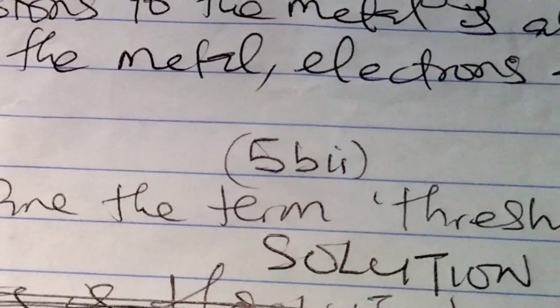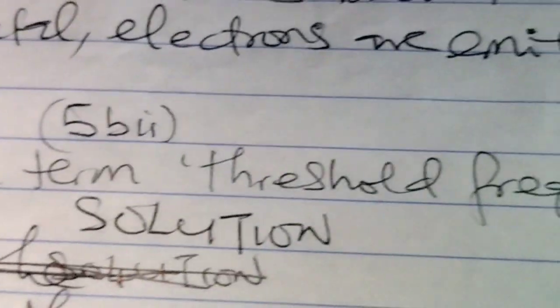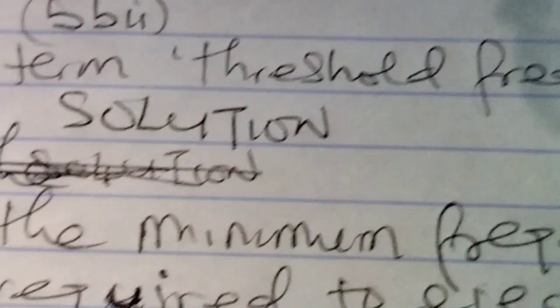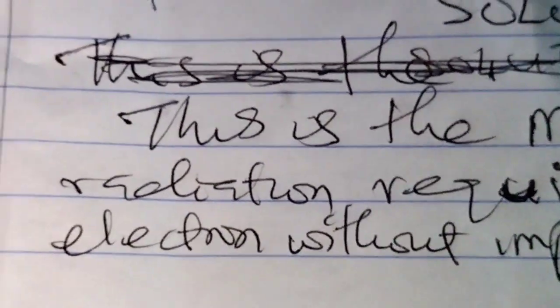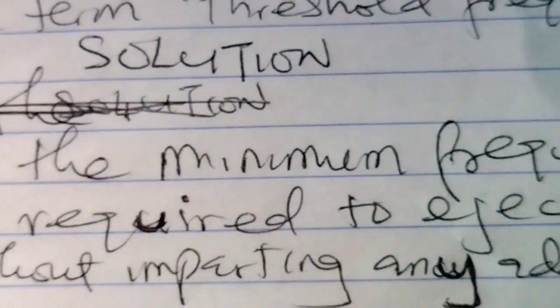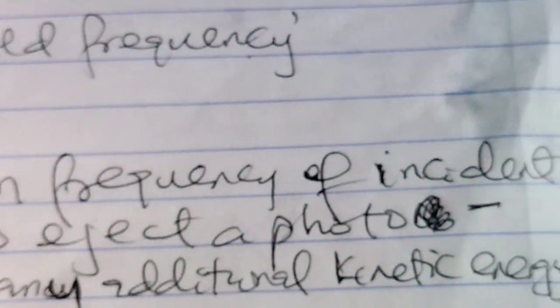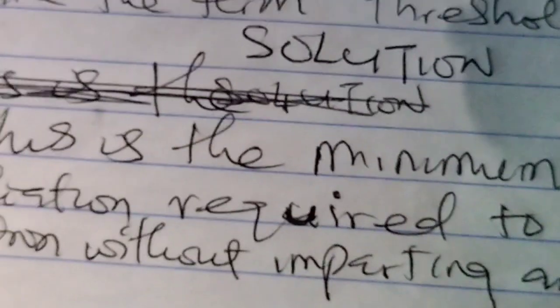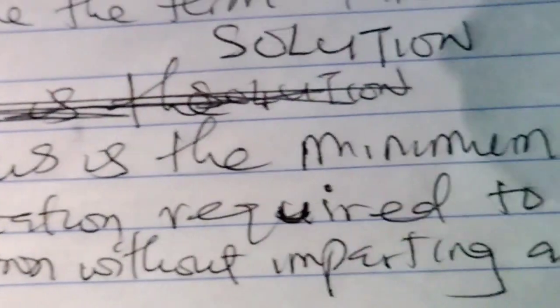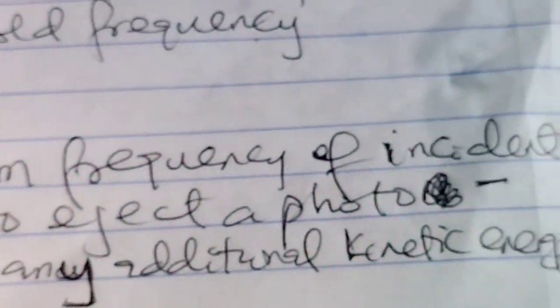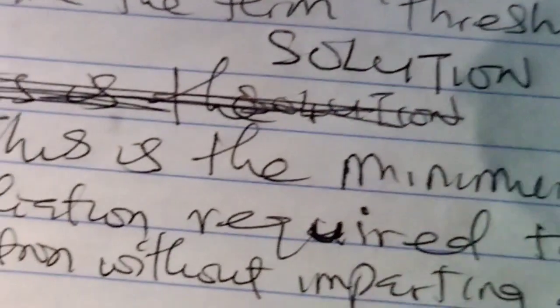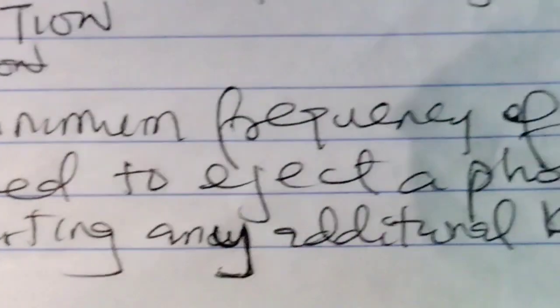Then going to 5BII, it says define the term threshold frequency. Solution: this is the minimum frequency of incident radiation required to eject a photo-electron. I said photo, not photon.